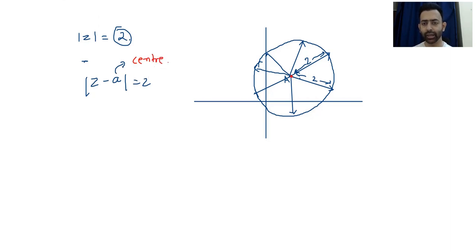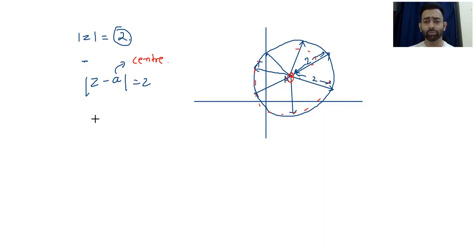This point a has some coordinates, some real and imaginary portion, such that the distance of all these points moving in the z plane, following this condition, from this fixed point a is always 2. So the general equation of a circle in the complex plane is represented by mod of z minus a equal to 2, where a is the center of that circle and the constant on the right will be the radius.